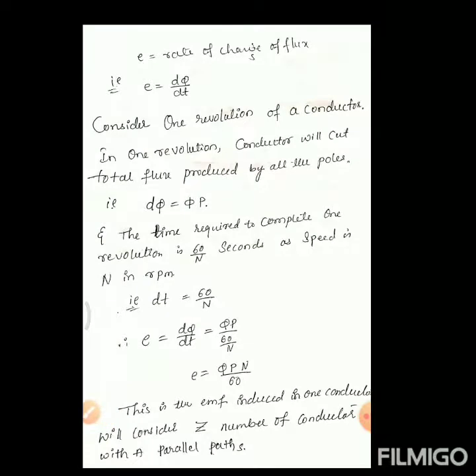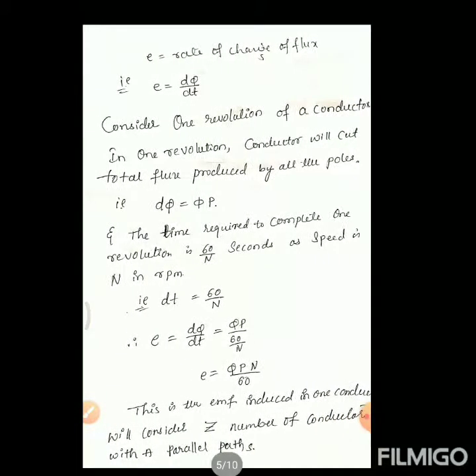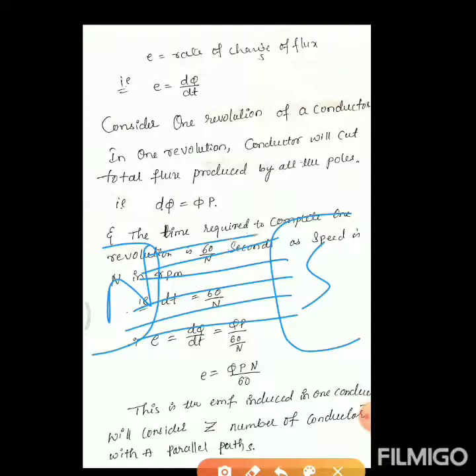Now let us consider only one conductor with only one revolution, which means one complete cycle. In one revolution the conductor will cut the total flux produced by all the poles. See, these are the north and south poles with the magnetic flux, and this is a conductor.